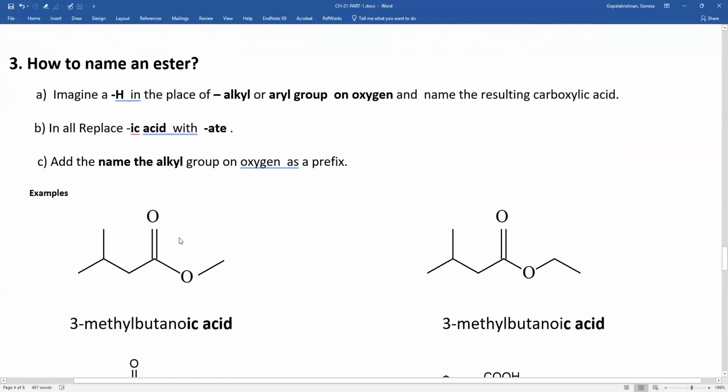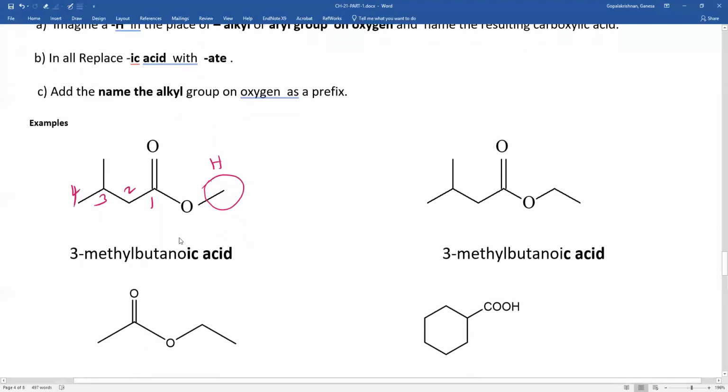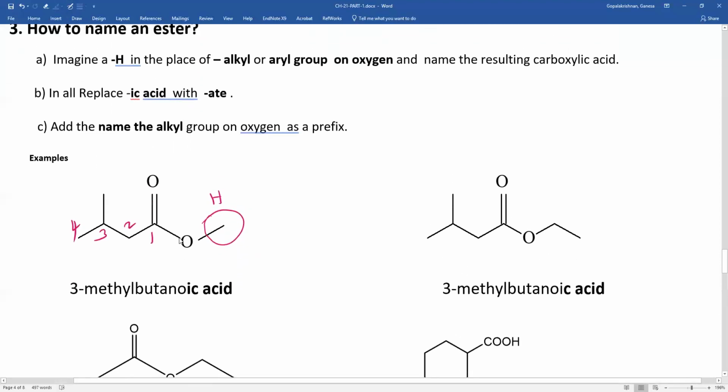How to name an ester? I have two examples here. This is an R group on the oxygen. Just imagine a hydrogen. You see a carboxylic acid. It is 3-methyl butanoic acid. So what you have to do, you have to convert OIC acid into ATE.